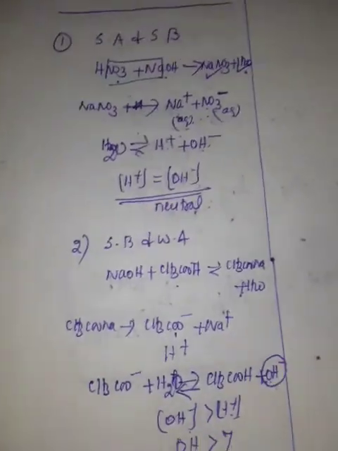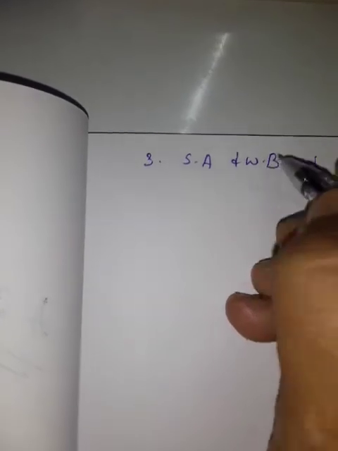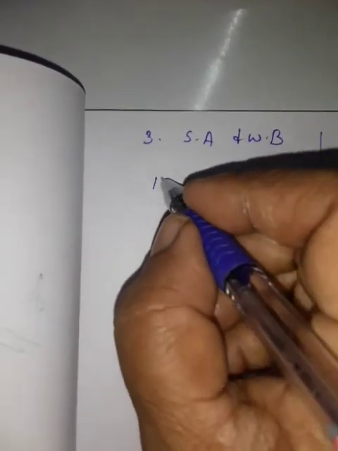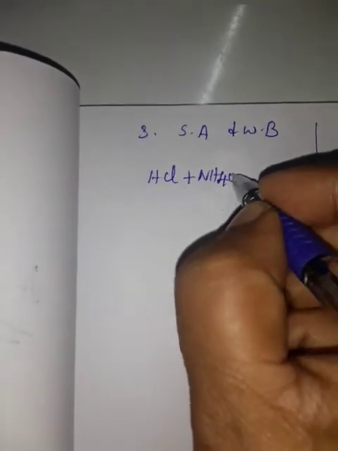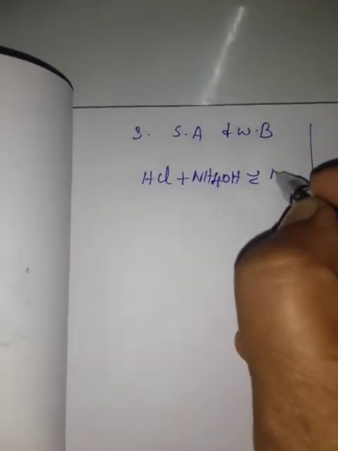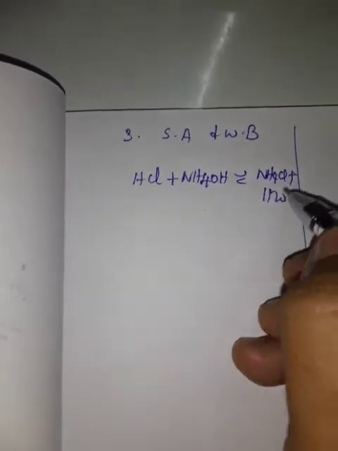Now, the third type, strong acid and weak base. Take the strong acid HCl and the weak base ammonium hydroxide, giving ammonium chloride plus water.